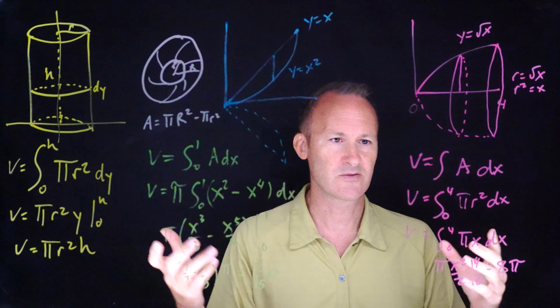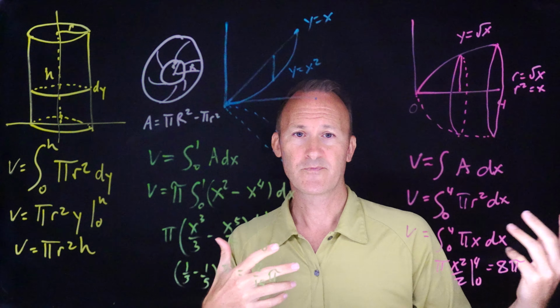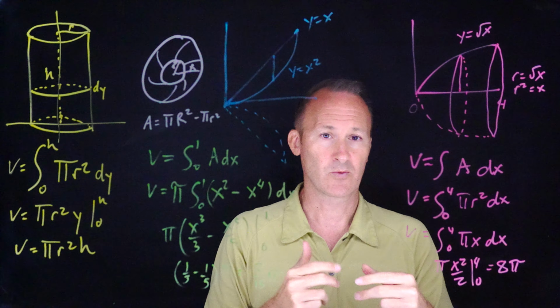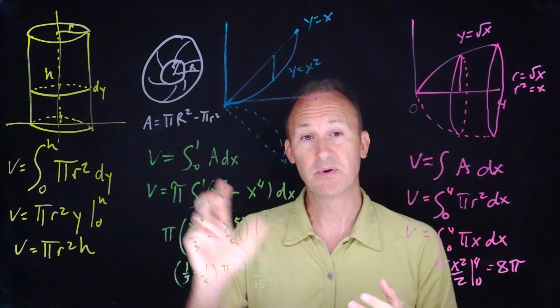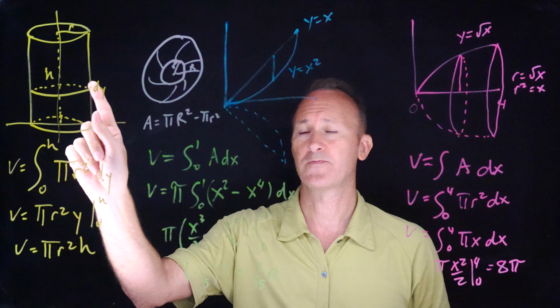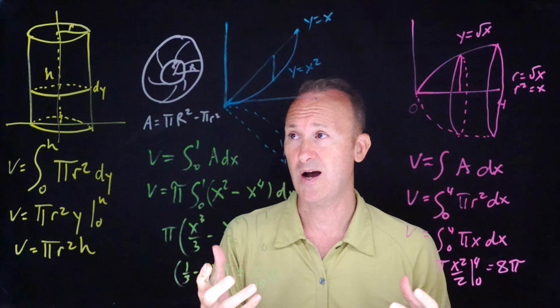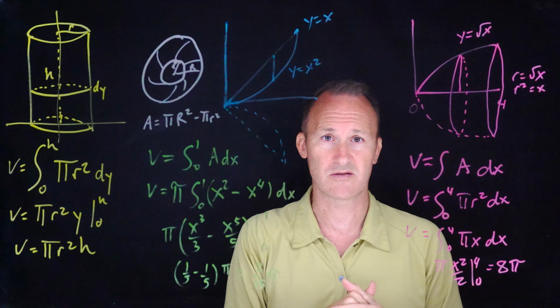The idea is you're simply summing a bunch of areas. What you'll see commonly are examples like these two, where you have equations and you get the curve by rotating. But you also might see ones like this one, where it just says, find the volume of a particular object. In that case, it can be beneficial to put in your coordinate system.